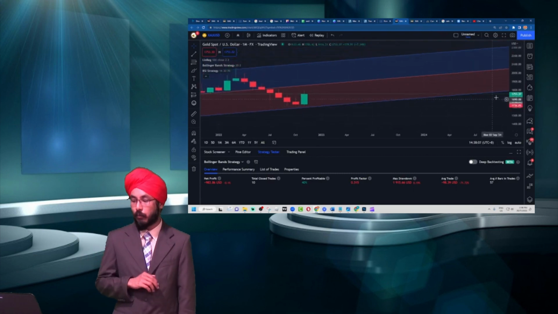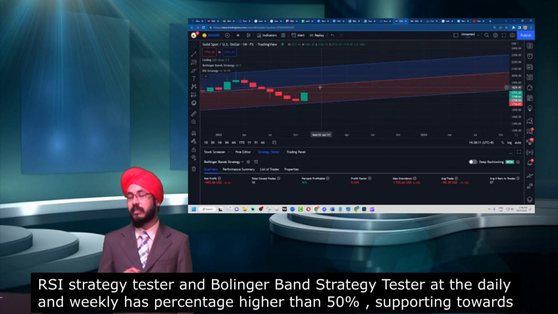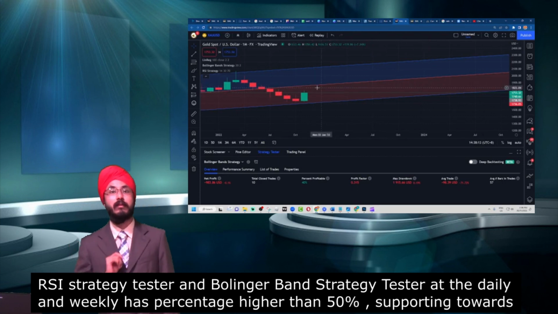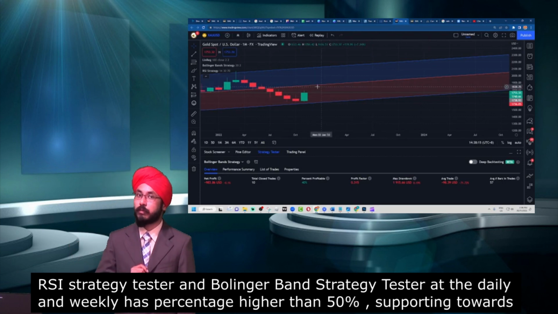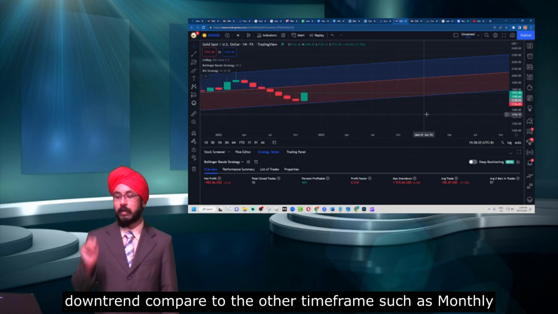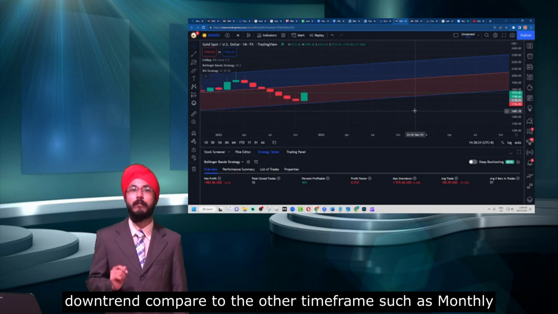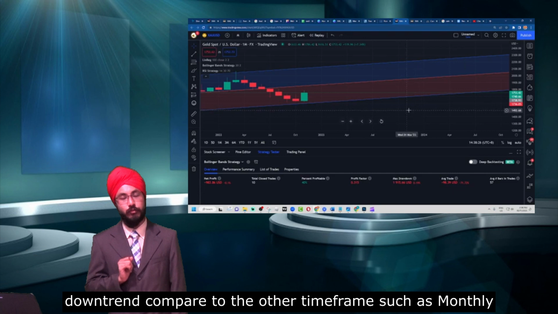Once again, the monthly did not meet the requirement that the percent profitable needs to be above 50%. Thus, we are not able to follow the monthly time frame. We will have to look at our weekly and daily for the trend.